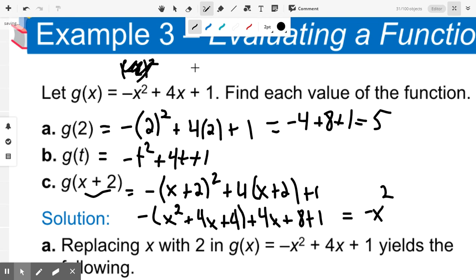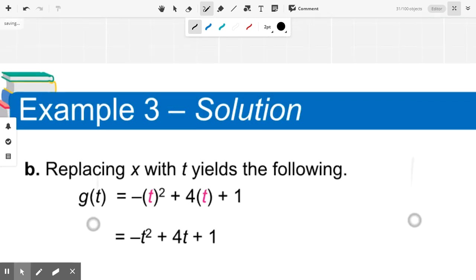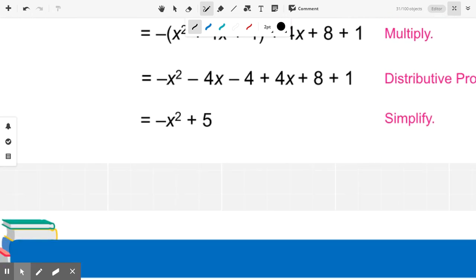That's going to be negative 4x plus 4x, which is 0. That's going to be negative 4 plus 8, which is 4 plus 1, which is positive 5. And that's how that simplifies. Same deal, just showing the answers there. That's negative x squared plus 5.